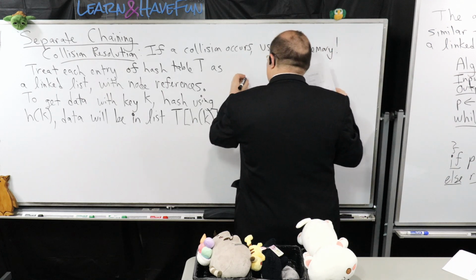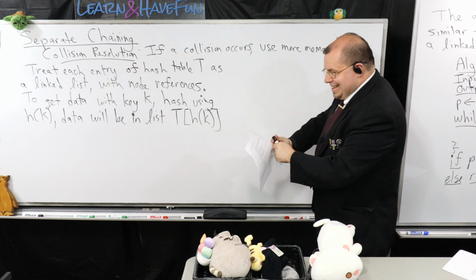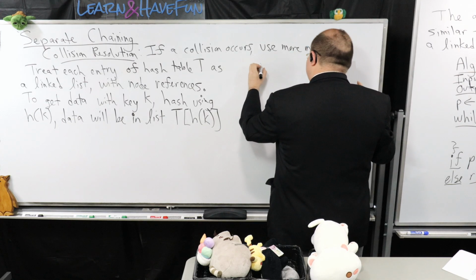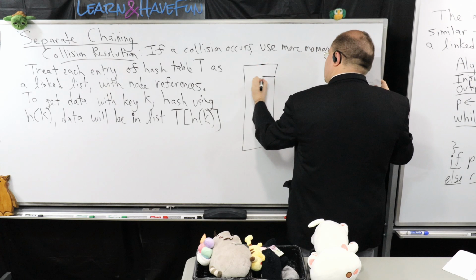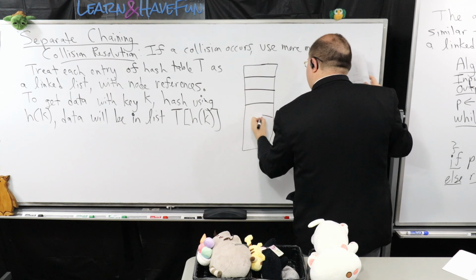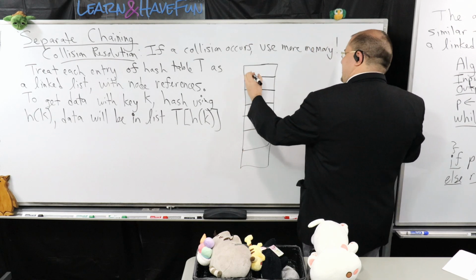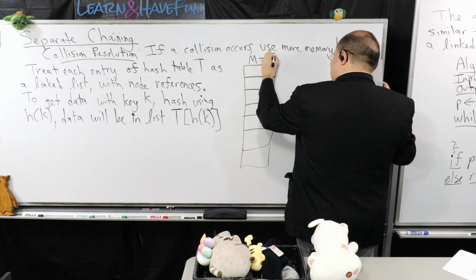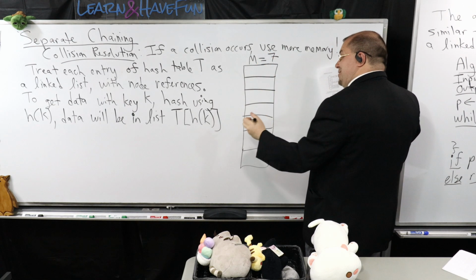So I'm going to start off with our table here. I'm going to draw a table that has 7 slots in it. 1, 2, 3, 4, 5, 6, 7. I cheated there. 1, 2, 3, 4, 5, 6, 7. I have to make sure I'm counting them right.